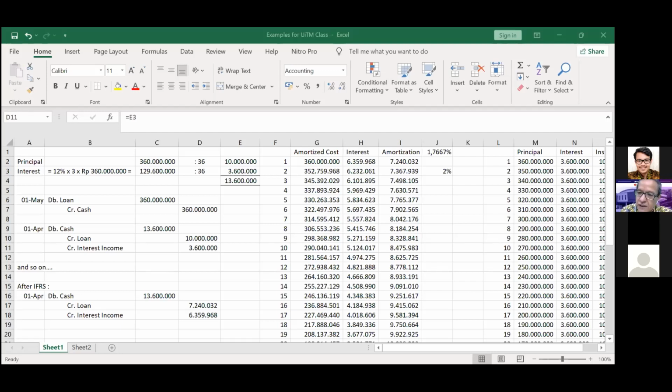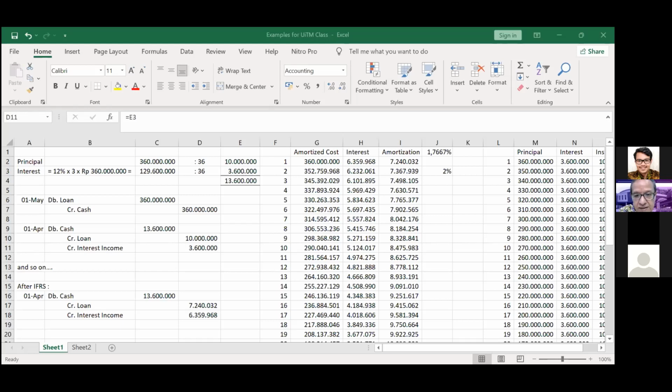Why is it 5%? Why is it not 6% or 7%? Nobody questions that, because this is stated by the regulator. So the regulator has the right to determine this, and that's all. That is the authoritative financial accounting standard at that time.